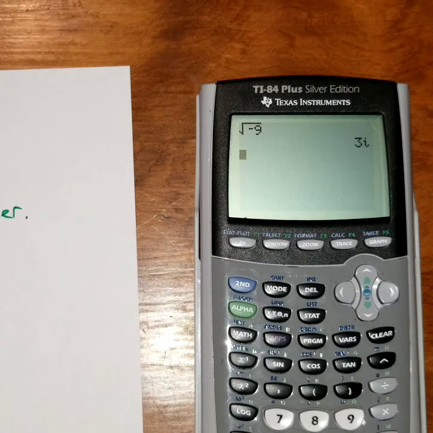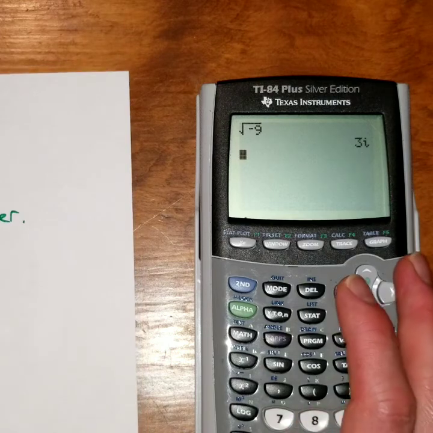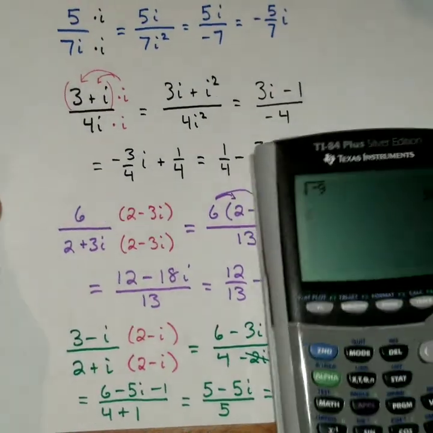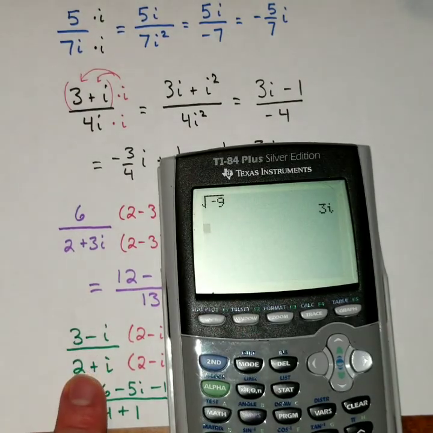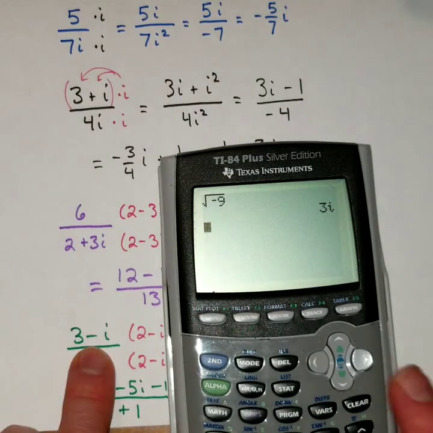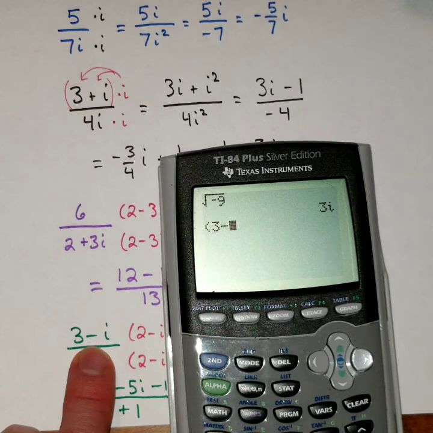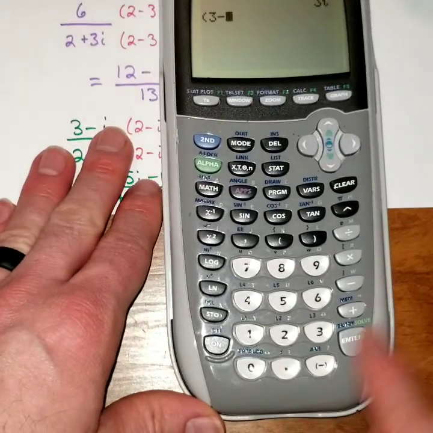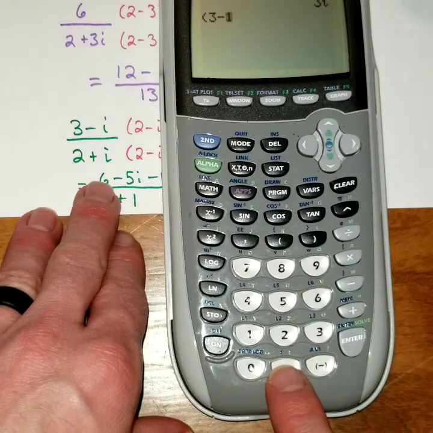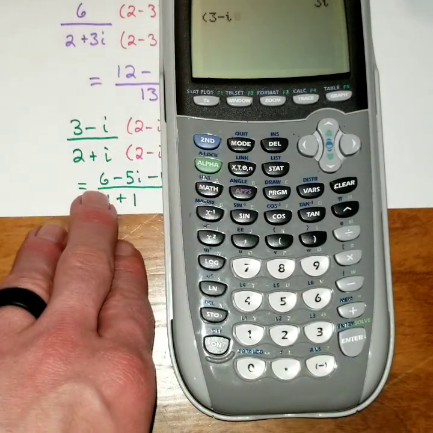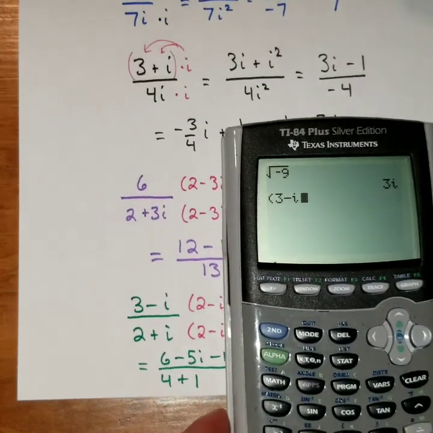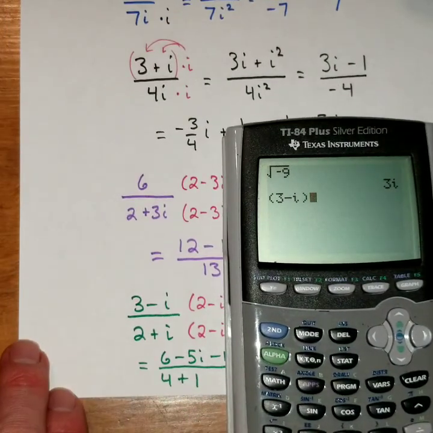but it is a nice shortcut, and it can even do some of these more complicated problems, like if I did this last one, of course in parentheses on the numerator 3 minus i. Where's the i? The i button, you may not be able to see it, is a second of the decimal. I jumped the gun there. Second and then the decimal button. Okay, so that's the numerator.